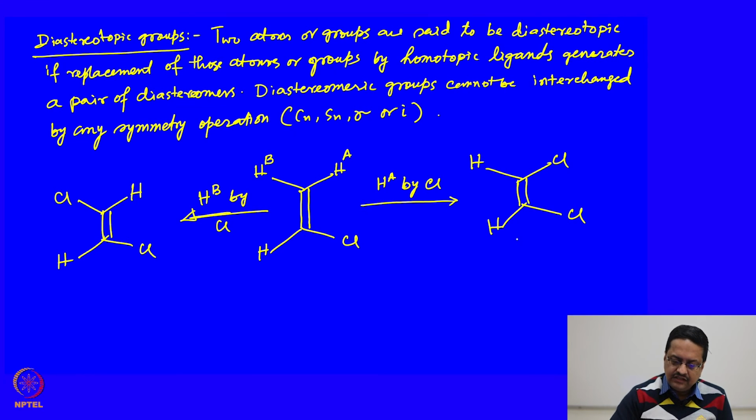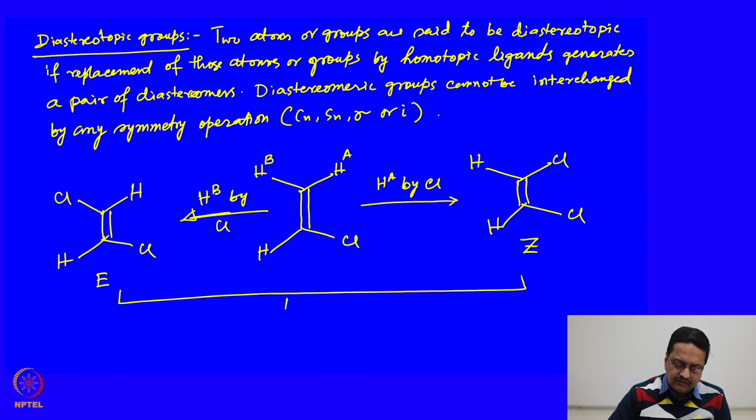So, this is the Z isomer and this is the E isomer of the 1,2-dichloroethene, and these two compounds that we have formed we know are diastereomers, because they are not mirror image relations.